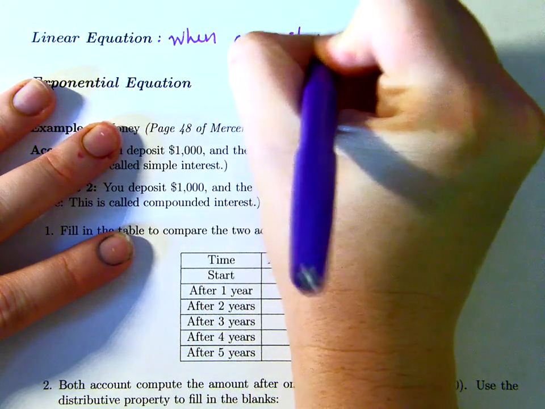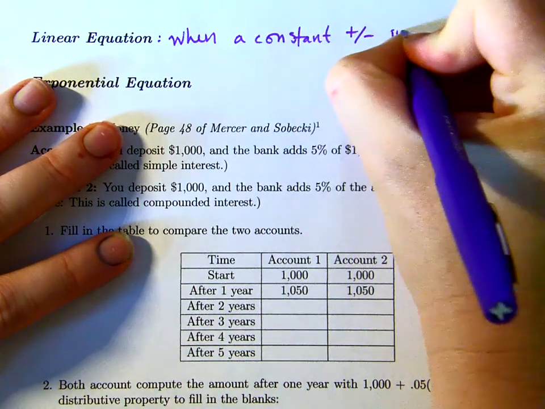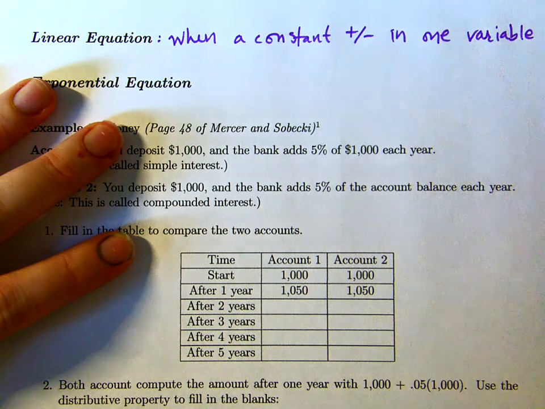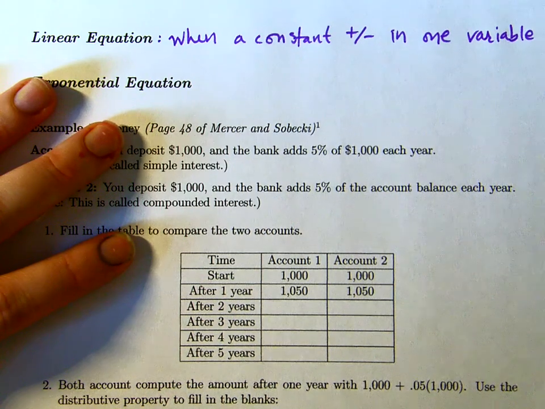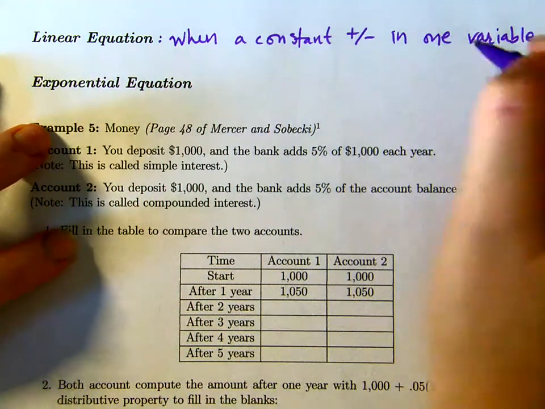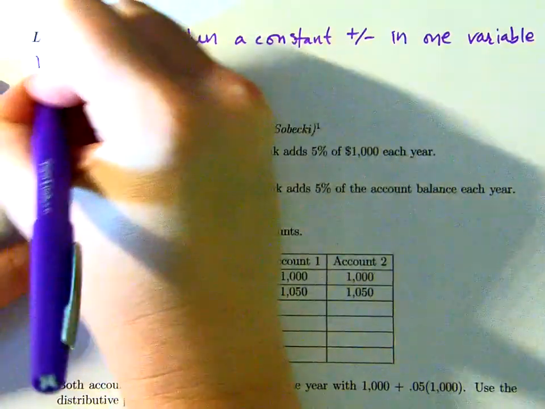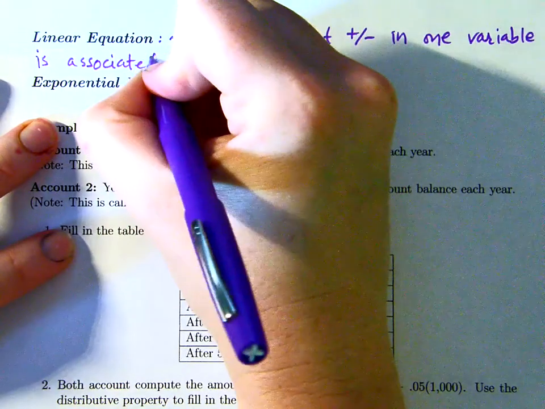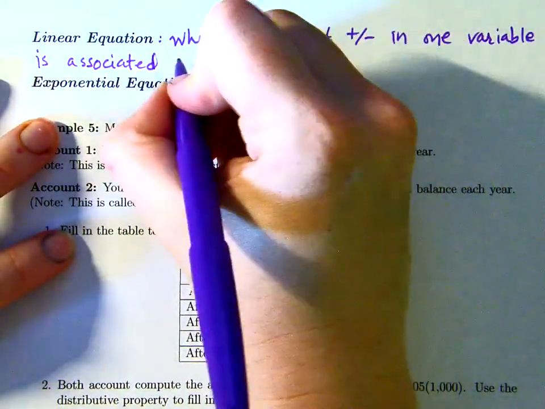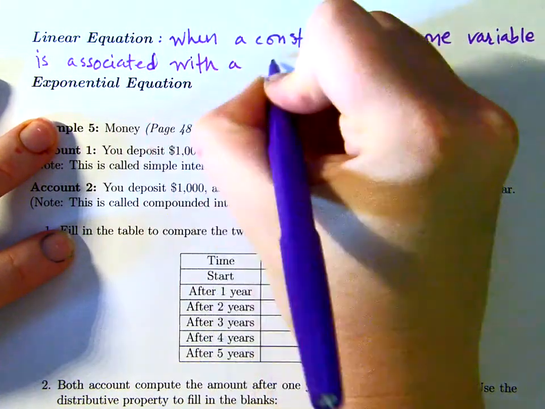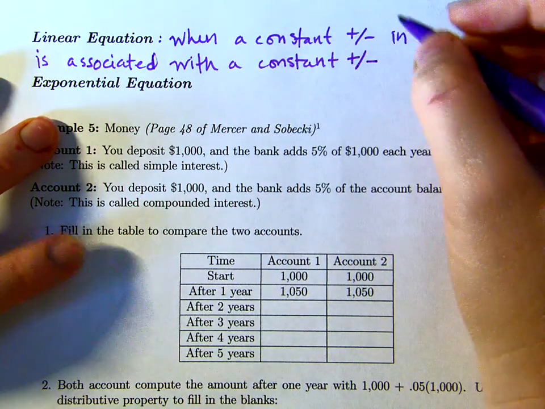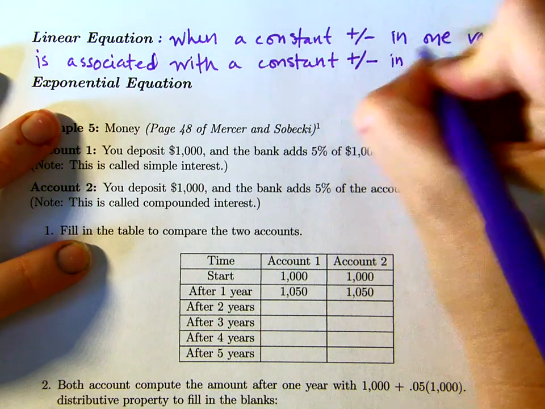When a constant increase or decrease in one variable is associated with a constant added or subtracted amount in the other.